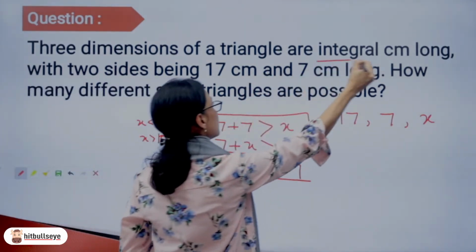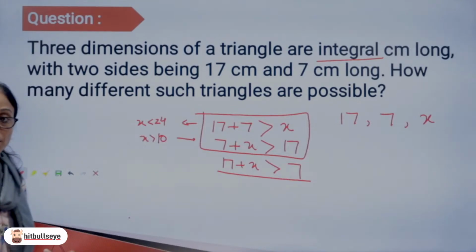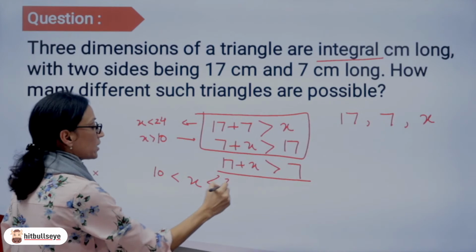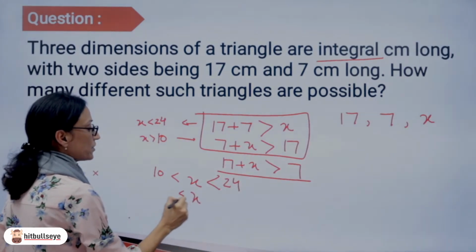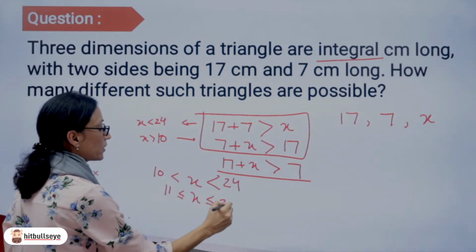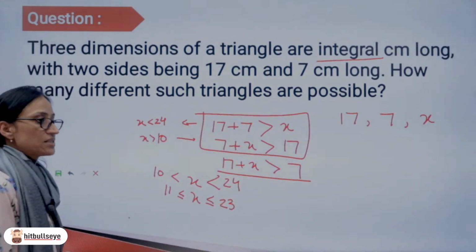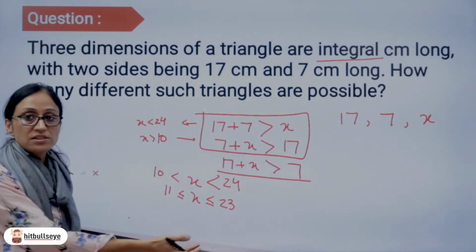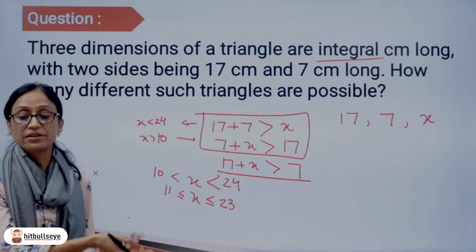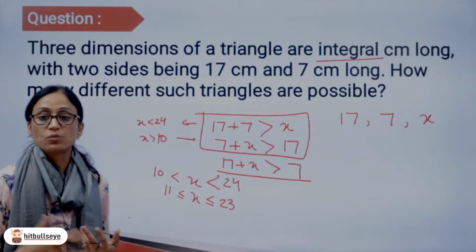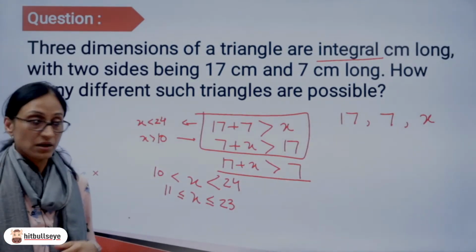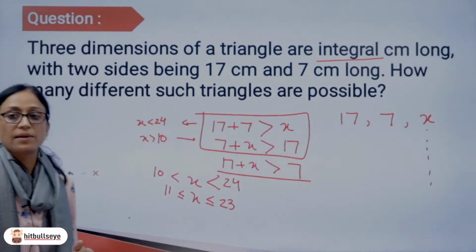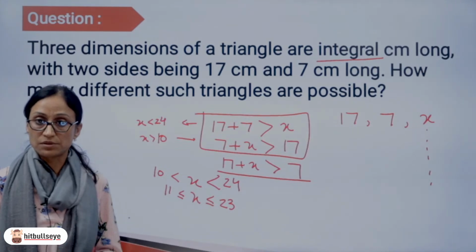Using the information that only integer values are allowed, the range comes out to be more than 10, less than 24. Integers tell me that you have to start with 11, end at 23. So how many values can x take from 11 to 23? These are going to be the answers available for us to decide the number of triangles. Whatever value x is taking tells me how many such combinations are possible, and that will automatically answer how many triangles are possible.